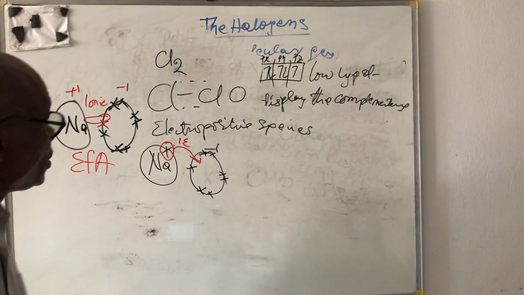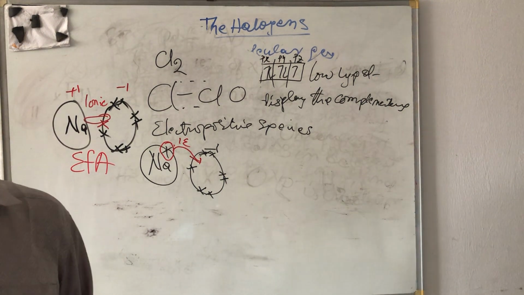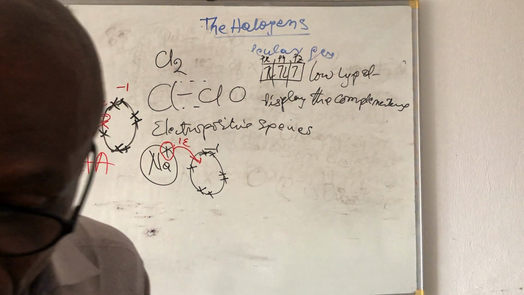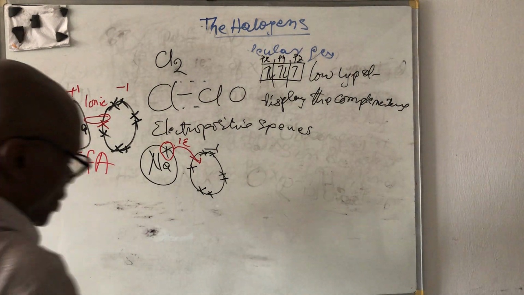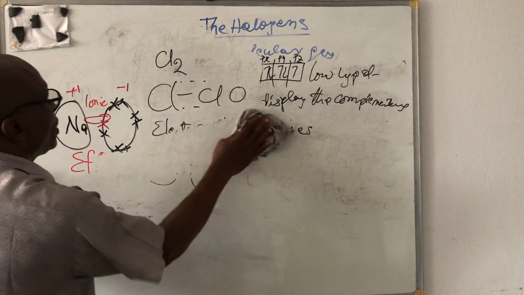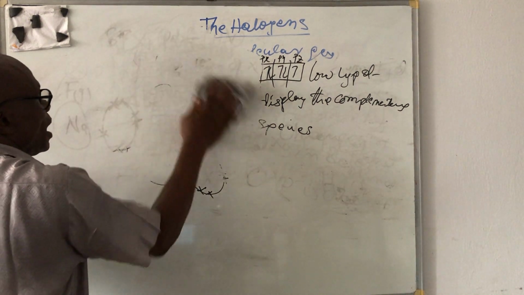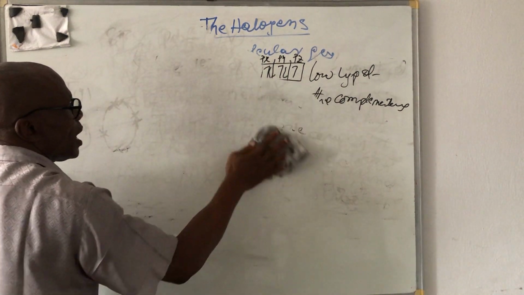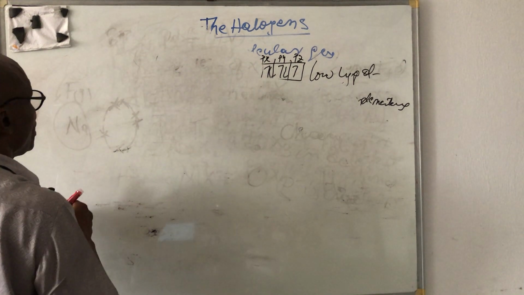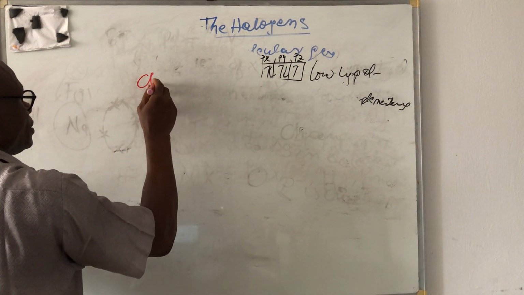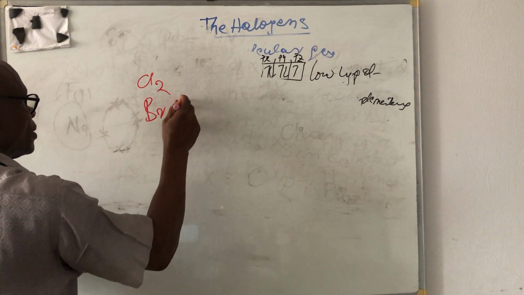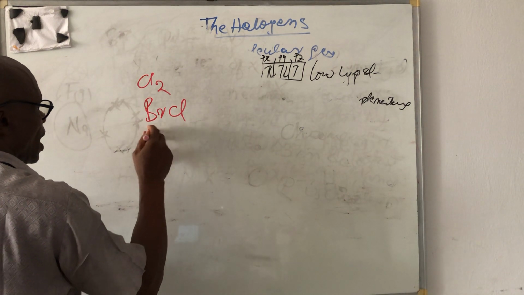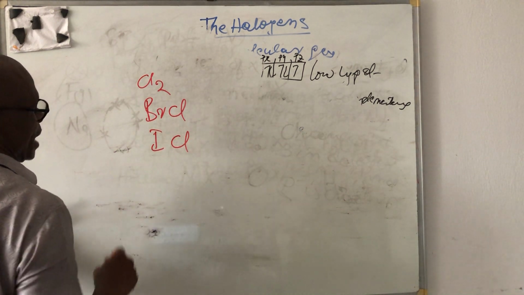Furthermore, we need to recall that the halogens are able to combine with themselves. That is to say, apart from chlorine, we are able to have bromine chlorine, or iodine chlorine, as the case may be.